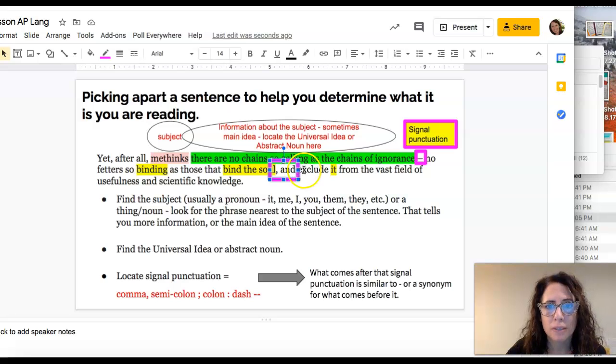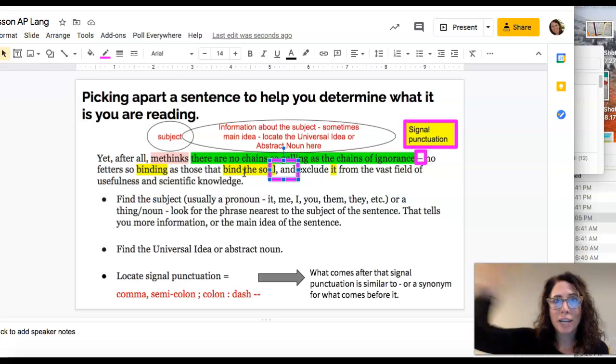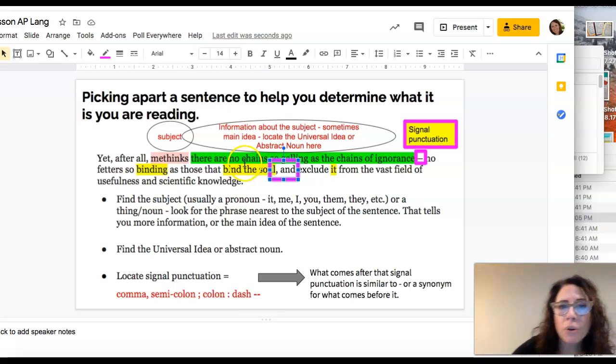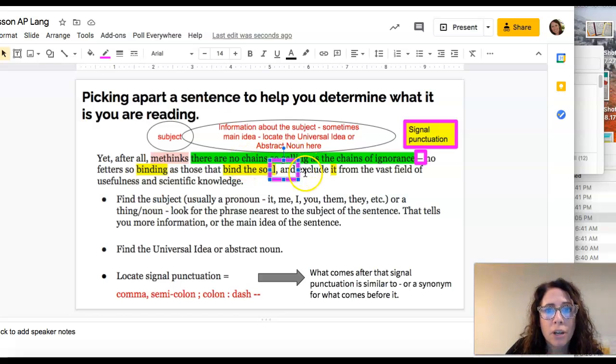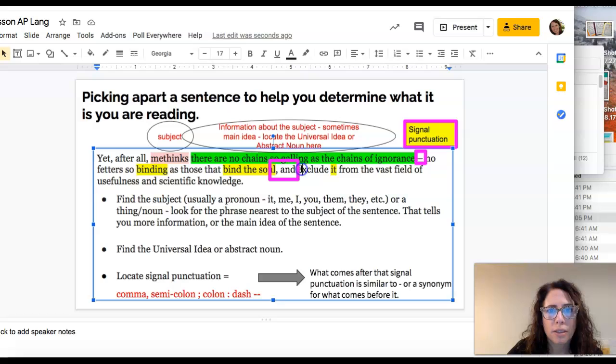So in this case, she's giving us more information about these. Backtrack it. What is she talking about? The chains of ignorance, the chains. They bind the soul. Now I'm going to find the verb, right? Not only do they bind, the chains exclude it from the vast field of usefulness and knowledge, scientific knowledge.